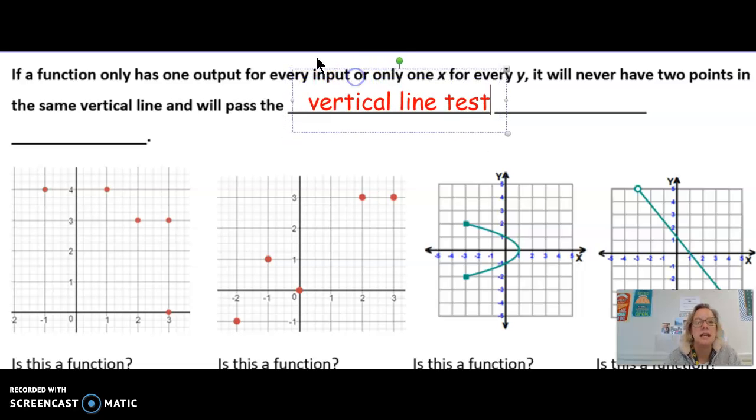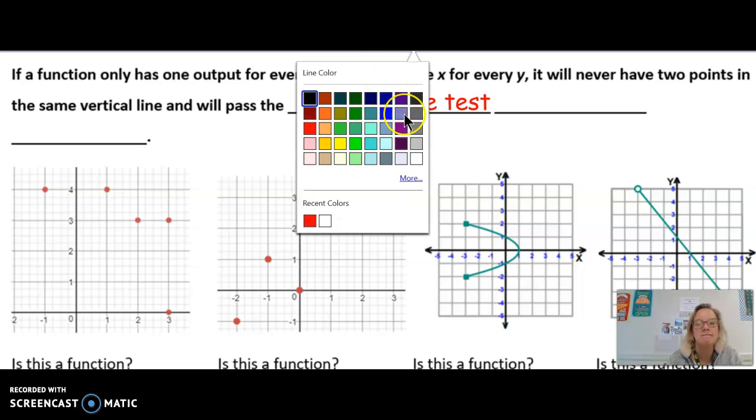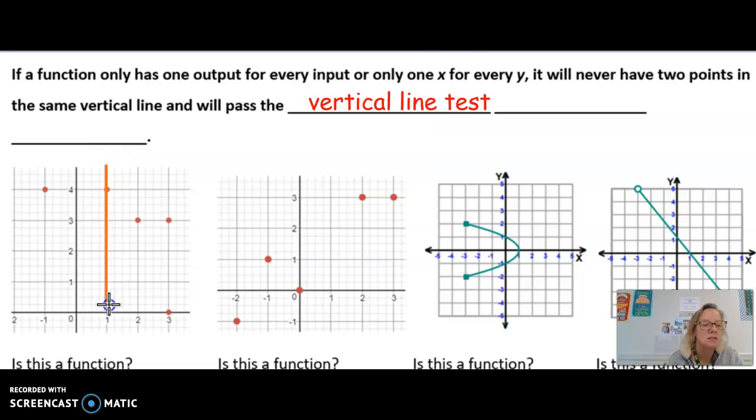So it will pass what is called the vertical line test. And the vertical line test just says that if I draw a straight line, let me go ahead and grab one here and draw it. Let's make it a color that I don't see on here, maybe this orange. And I'm just going to draw a straight vertical line.